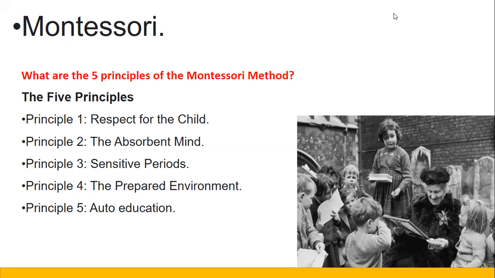Y el número 5, que me gusta, el auto education, o lo que nosotros llamamos... ¿cómo es que se le llama cuando el alumno aprende por sí mismo? Self-learning, exacto. Ella le puso auto education. La señora María Montessori.